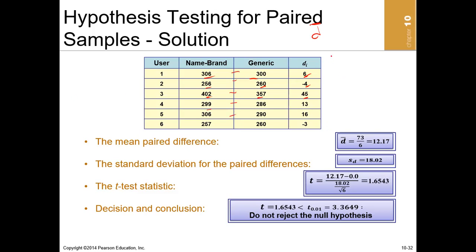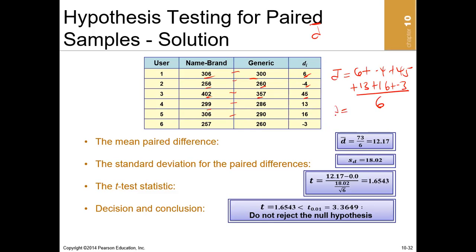Now, how do I get the average difference? If this is the difference for each of the 6 people, the average difference will be 6 plus -4, so you add all the differences, plus 45, plus 13, plus 16, plus -3. And they are 6, so divided by 6.